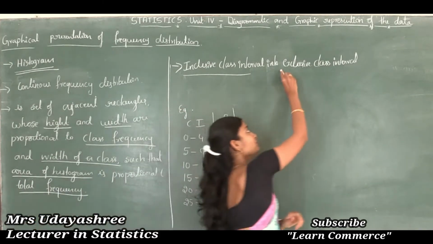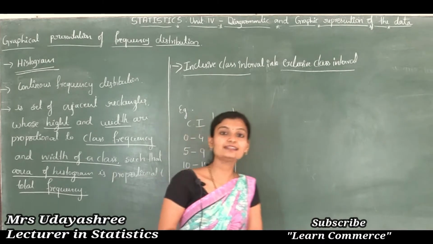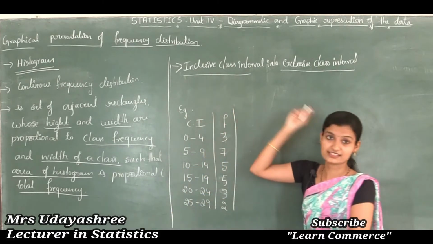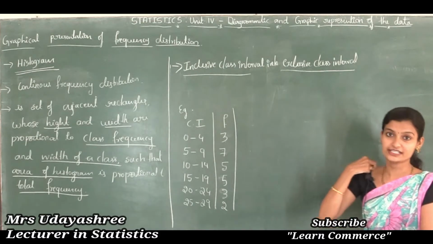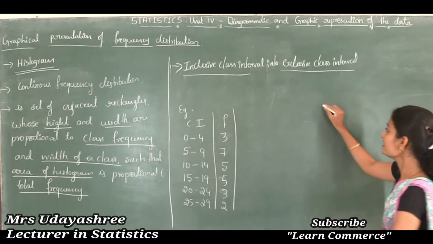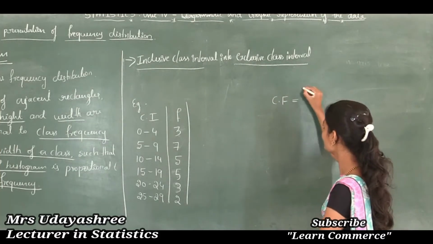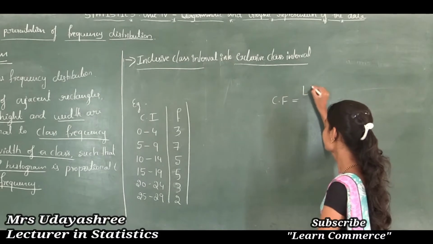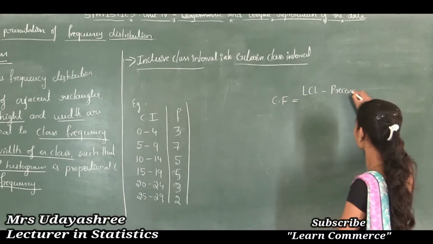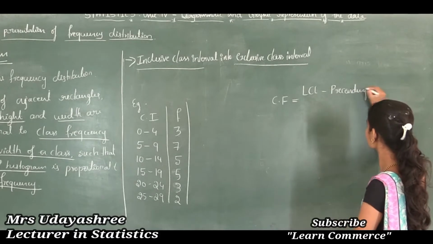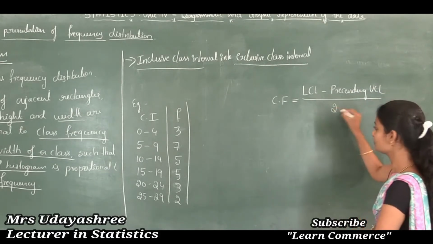How do we convert an inclusive class interval into an exclusive class interval? We can do it using the correction factor that we already discussed in the third chapter. The correction factor is equal to the lower class limit minus the preceding upper class limit, divided by 2.